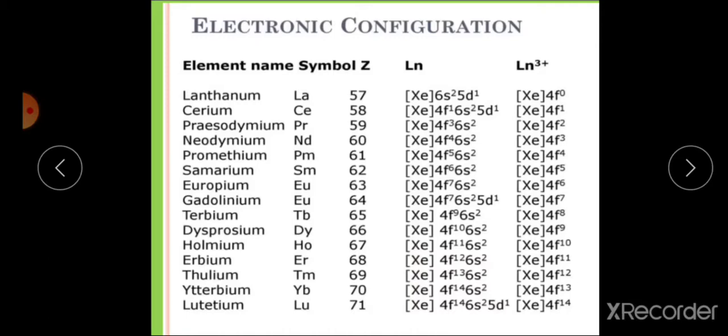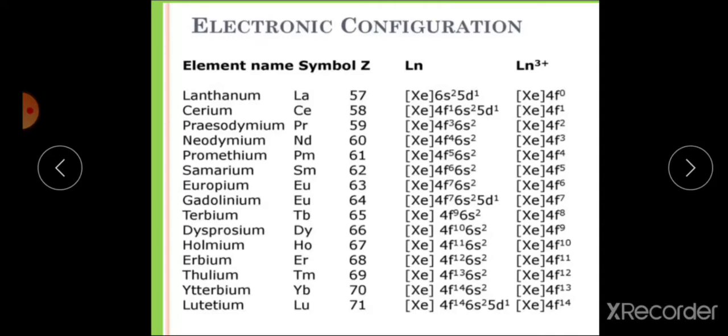From this configuration table, we can see here the electrons are successively filled up into 4f orbitals. This series is also called the 4f series. You can see here, in case of lanthanum, the 5d orbitals and 4f orbitals are very close.